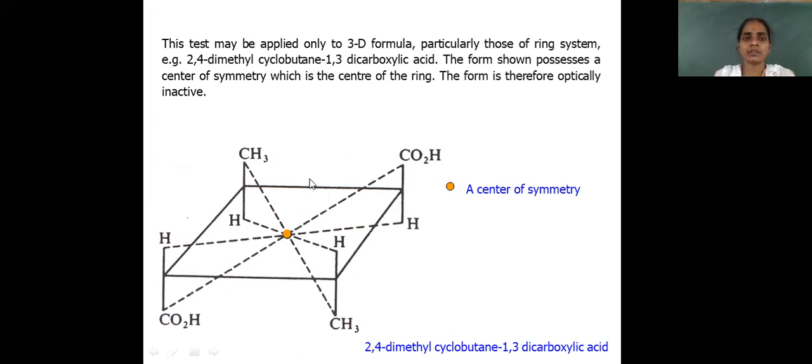This is one example, and I took one more example, 2,4-dimethyl cyclobutane. Here the carboxyl group is on one side, and by passing the center of symmetry, on the opposite end again a carboxyl group is there. And the methyl group, again on the opposite end a methyl group is there, hydrogen on the opposite side hydrogen. This is how it follows the center of symmetry.